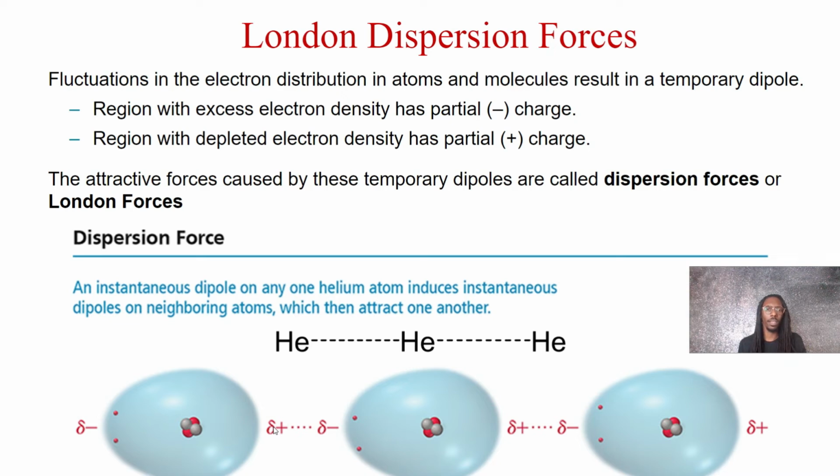But the interaction with the London forces occurs here, okay? This positive charge is going to be attracted to, guess what? The other negative charge. So if we look at this second helium, it looks the exact same thing.